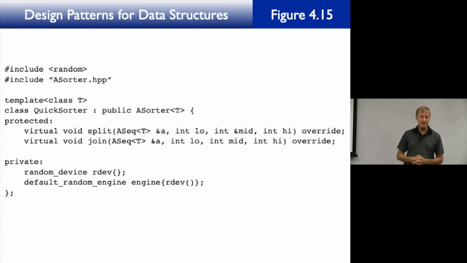C++11 finally has given us a good library of random number generators. It's a little complex to use, but many libraries out there have substandard random number generators, so this shows you how to use the C++11 library.